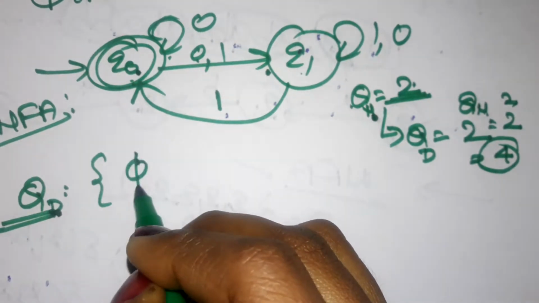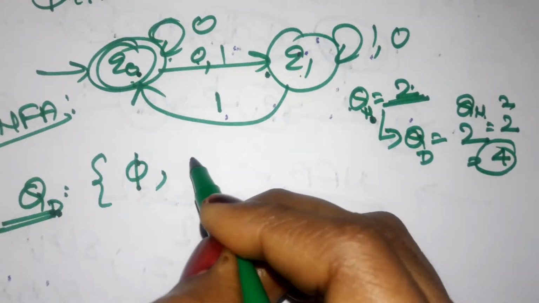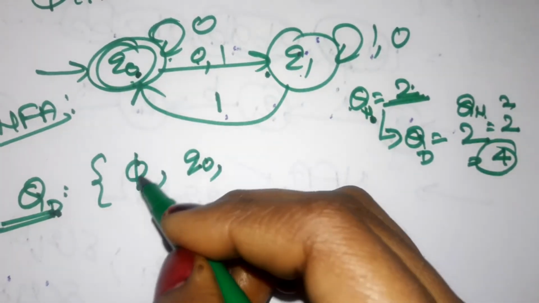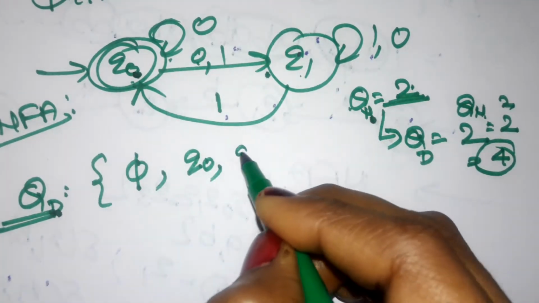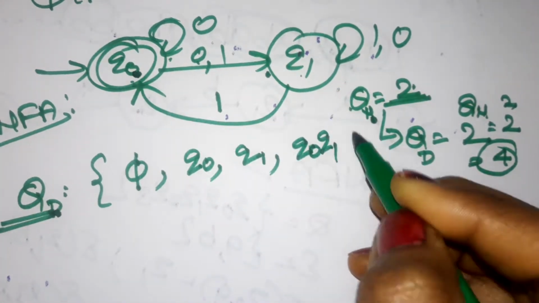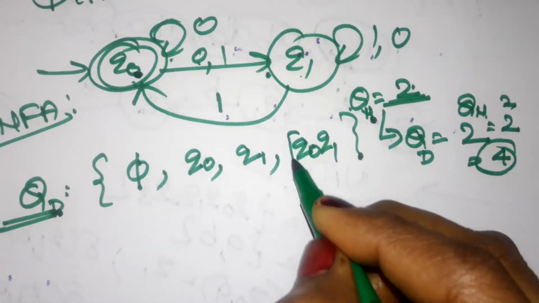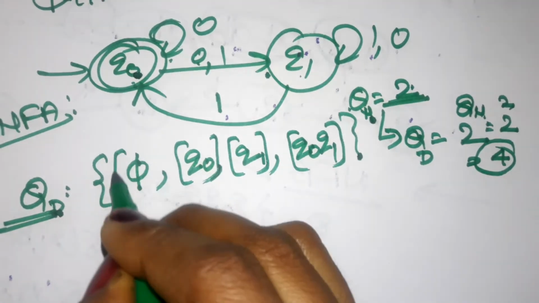So those 4 possible states are phi, Q0, Q1, and Q0, Q1. Phi also you need to consider. These are the states you can mention, and you need to write them in square braces.